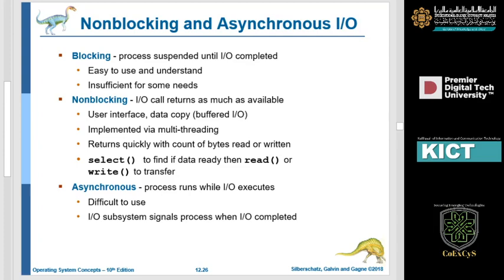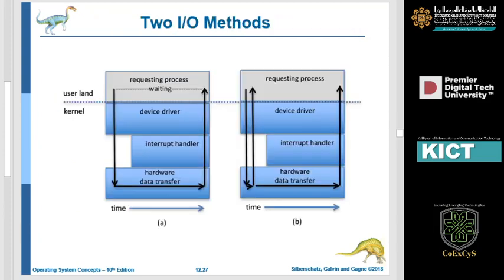Blocking is easy to use, but if a particular kernel system call is blocking, that means once it's being used, you cannot use it, and you have to wait for it to be unblocked. But a non-blocking IO call is mostly available, right? It allows people to interact with it. It's user implemented using multi-threading, right? Data can also be asynchronous, so that means things can run at the same time while the IO is being executed.